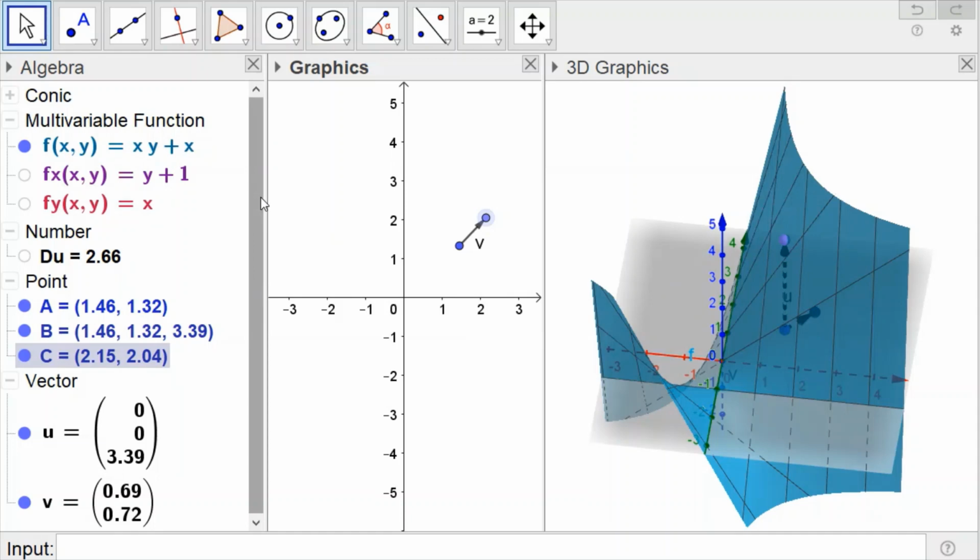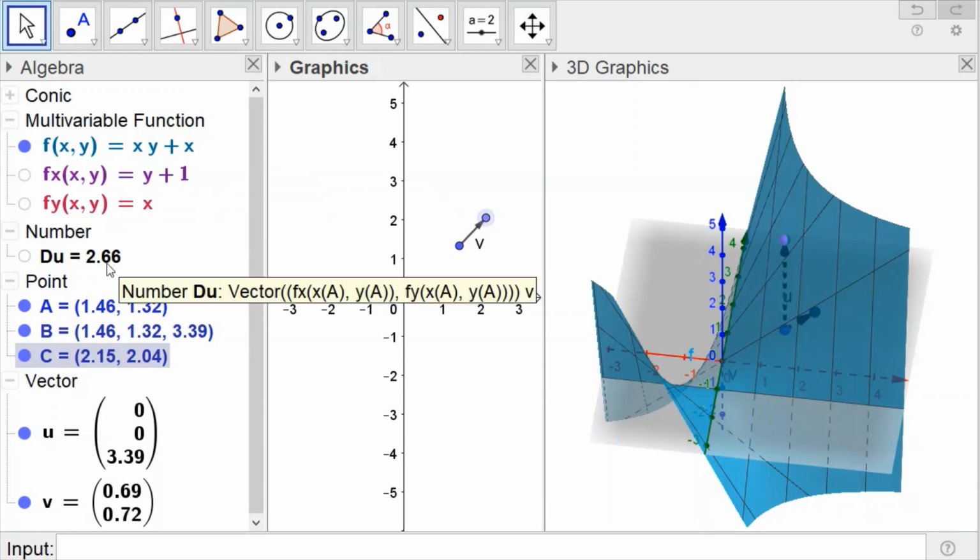And v is my direction vector. If I take the direction vector v and dot it with these values, fx and fy, that's what this number is. As you can see here, it's the dot product of the vector, so maybe you can read that.